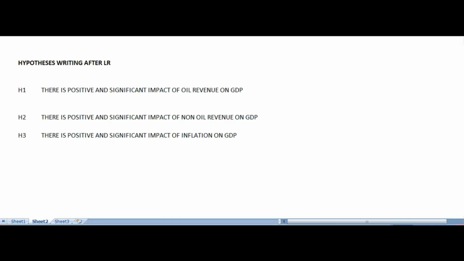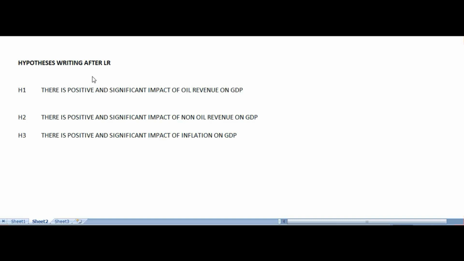The hypotheses were written after reviewing all the literature related to our dependent and independent variables. We made some assumptions on the basis of the literature review, so all these assumptions are based on it.